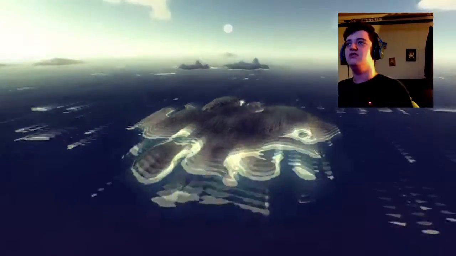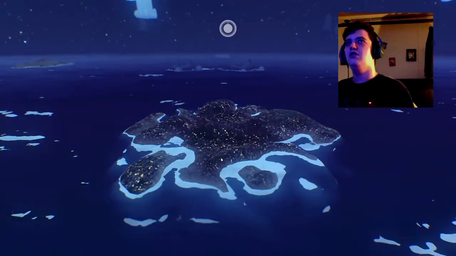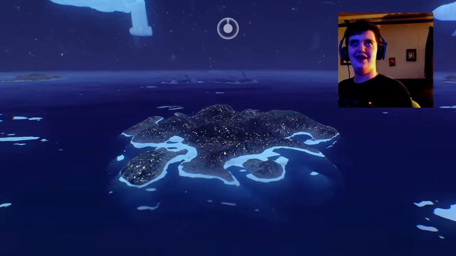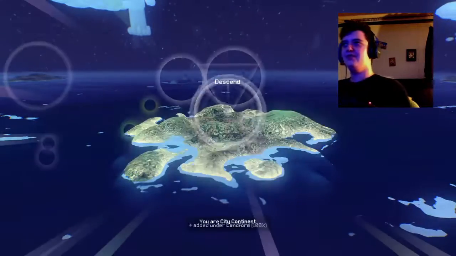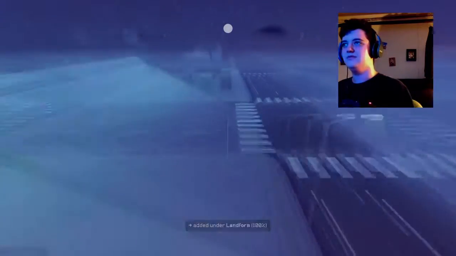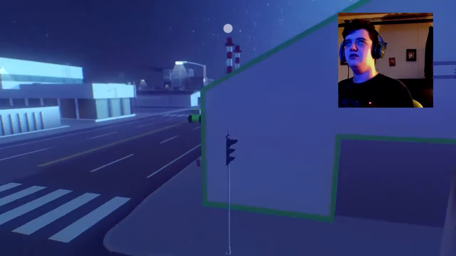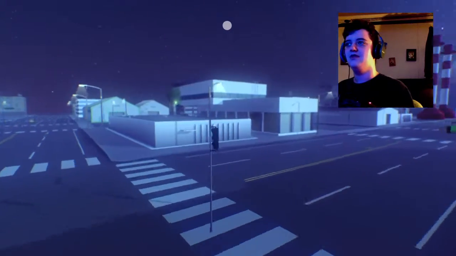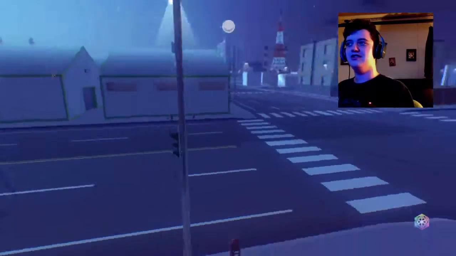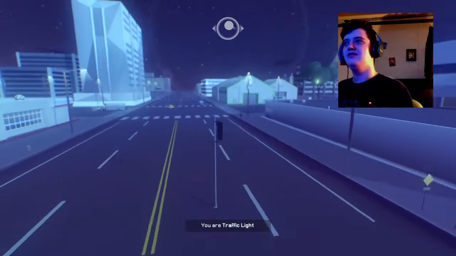What is this? Oh, it glows. Does anybody know that? Yep, I'm a city now. Now what can we make out of this? Oh hey guys, it's just a friendly neighborhood road sign.